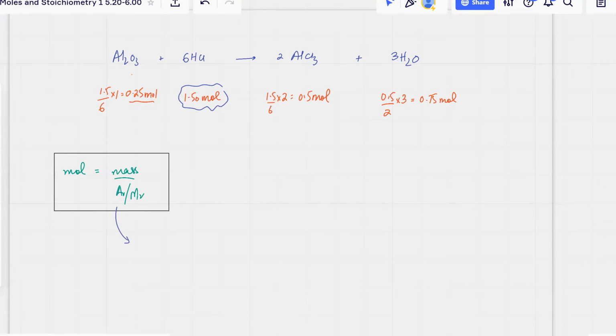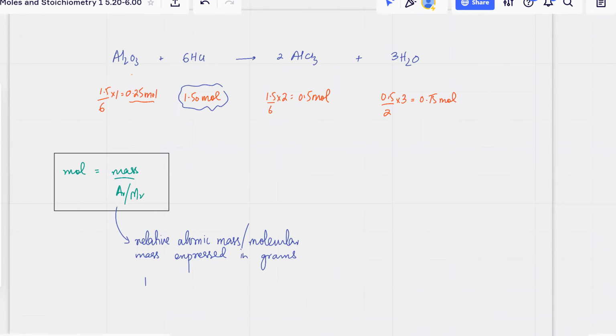That is the relative atomic mass, or molecular mass if it's a molecule, expressed in grams. So what does that all mean?